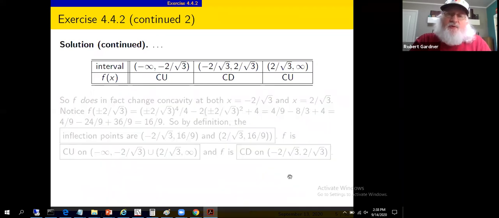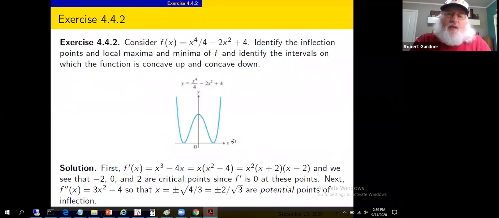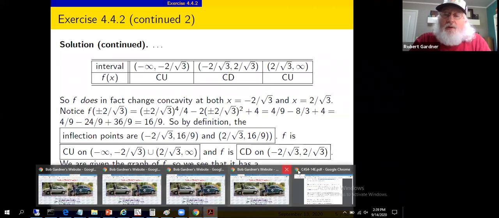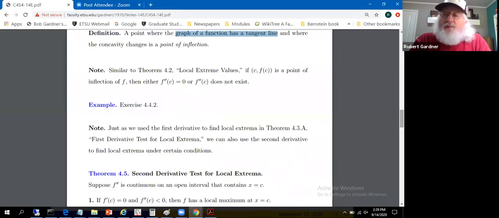Going back to the first slide, they gave us this graph. They didn't give us the x and y values. Apparently we get 0 out, and algebraically, we see we do at 2 and -2. And at 0, we got out, what was it, 4? So local mins and a local maximum. Turns out we could use concavity as well to find those maxes and mins, as we'll see next.